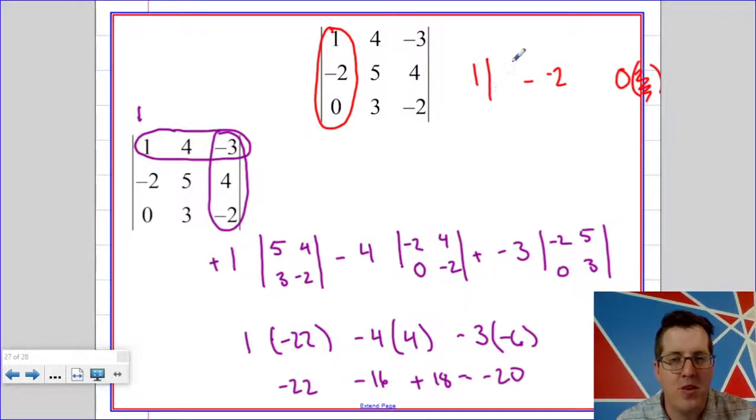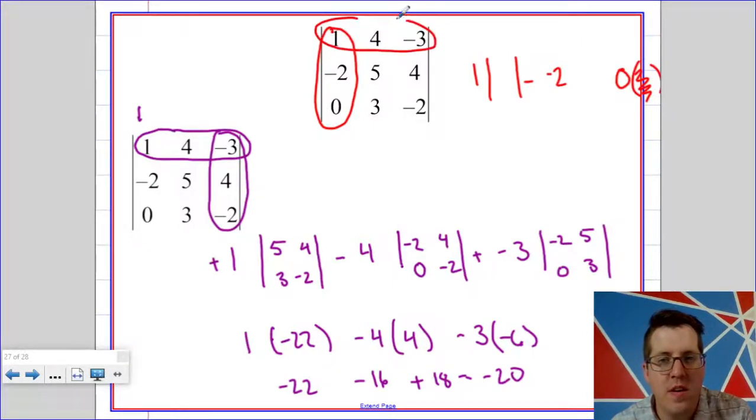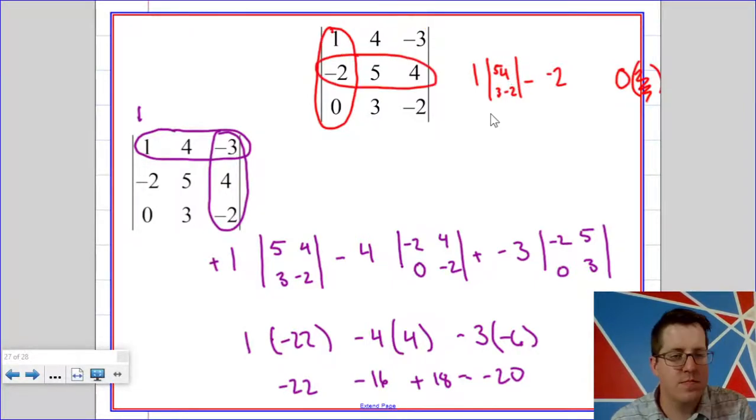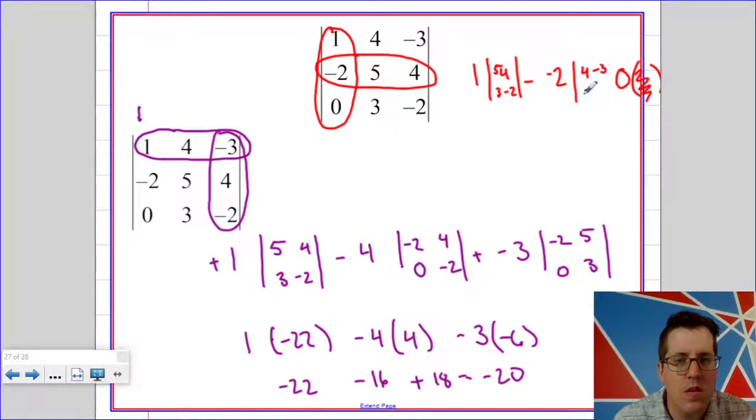And then my matrices are going to be, for 1, if we exclude that row, 5, 4, 3, negative 2. And then with this minus a negative 2, we're going to use 4, negative 3, 3, negative 2.